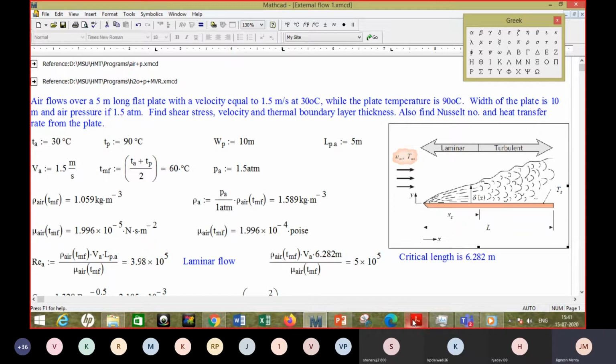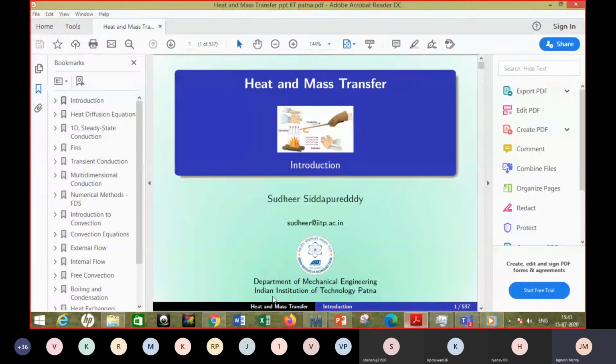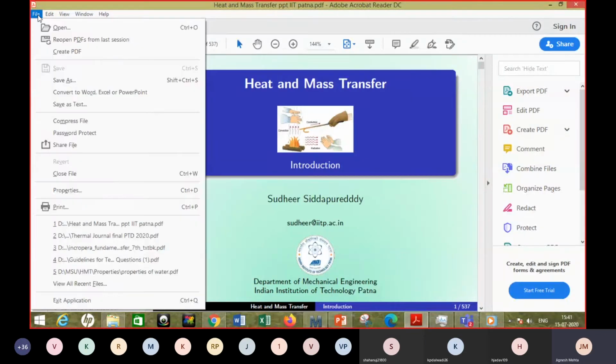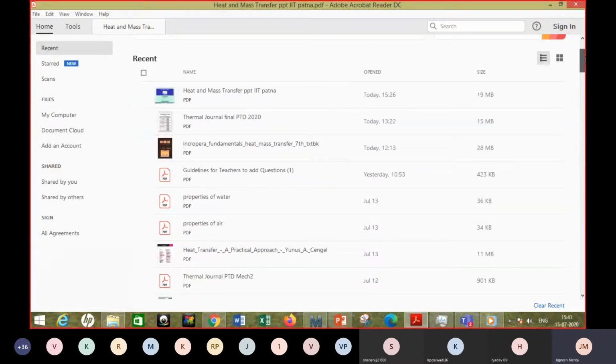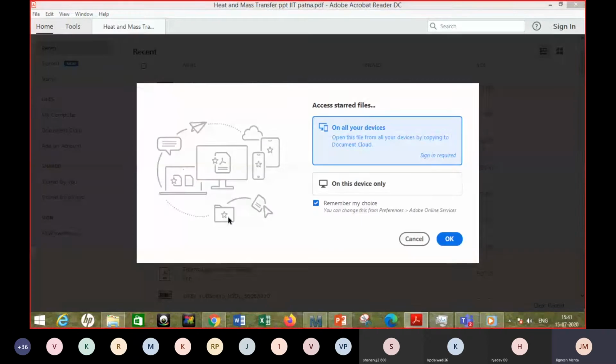So that is 60 degrees Celsius. Now, let me open the property table also. Let me open the properties of air.